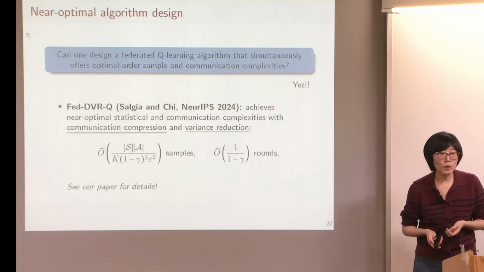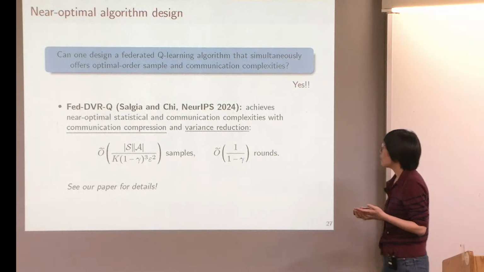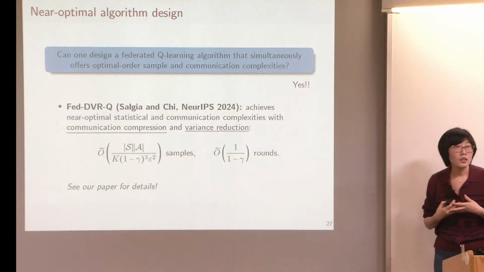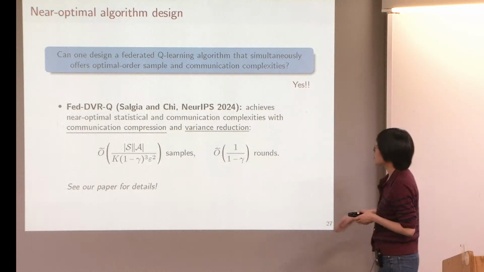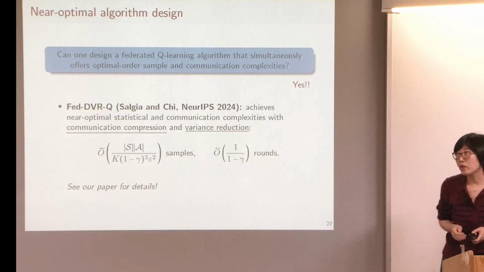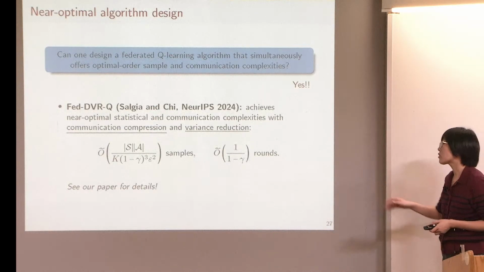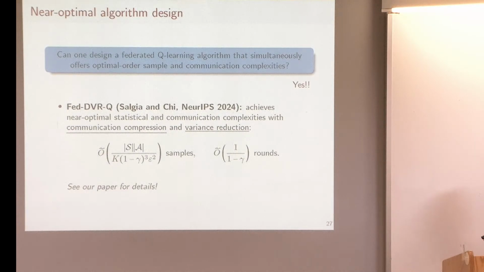In the paper, we have an algorithm that leverages variance reduction and communication compression to achieve both the best sample complexity and the best communication complexity. For the sake of time, I will not talk about the algorithm here. It's actually a little more complicated than the natural variant we show here.